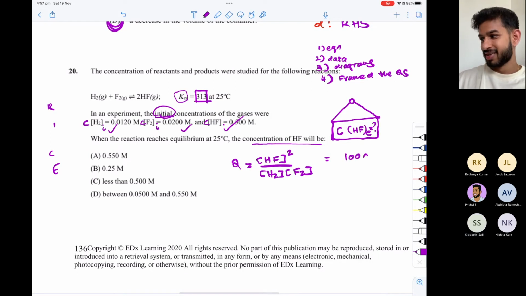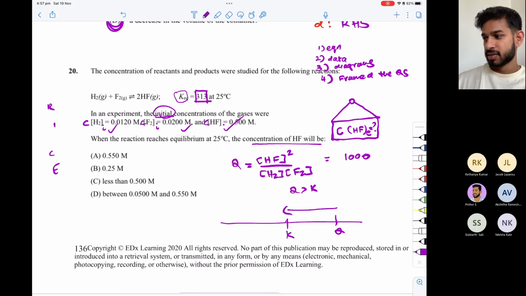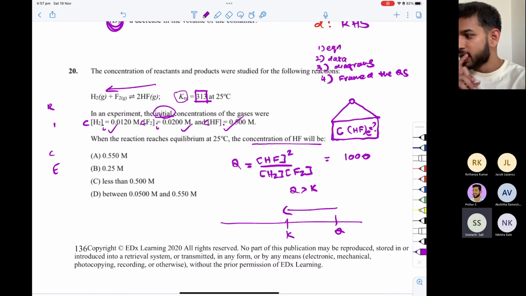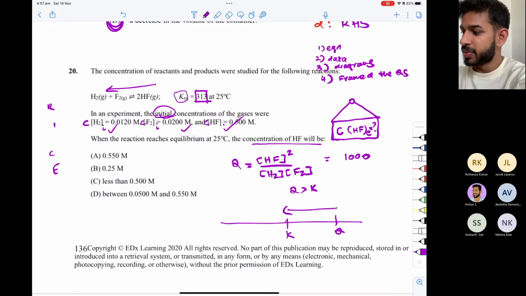Right. So now we know that Q is much greater than K. So which way do we need to go to get to K? Reverse reaction. Reverse reaction. So now we know the concentration of HF needs to be less than 0.500 moles per liter.